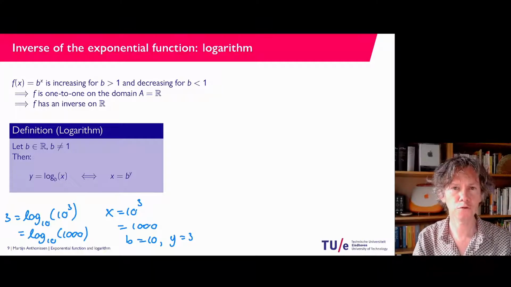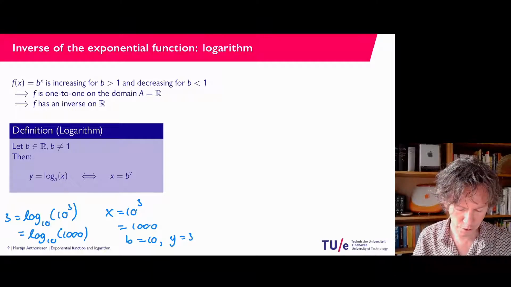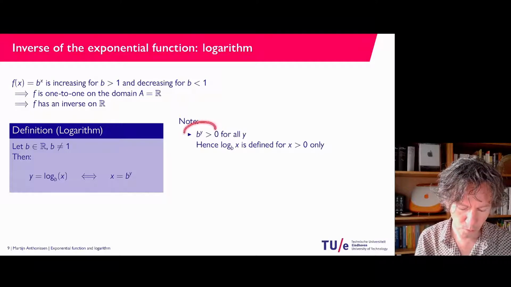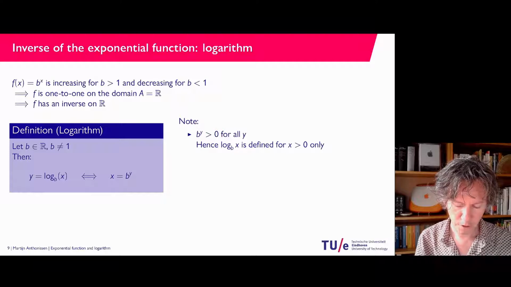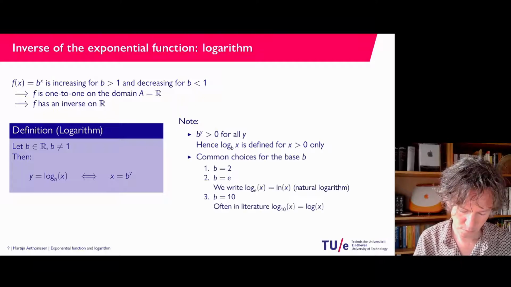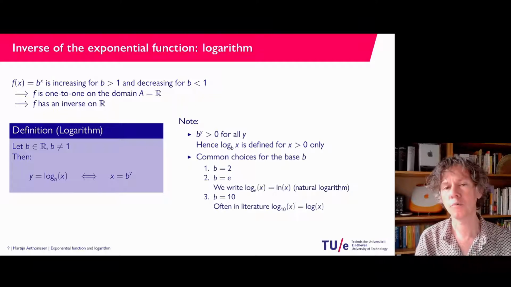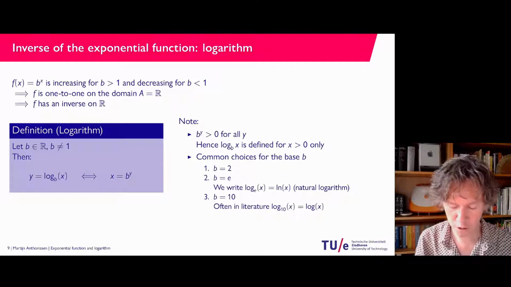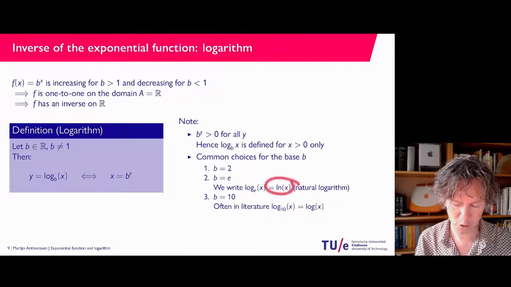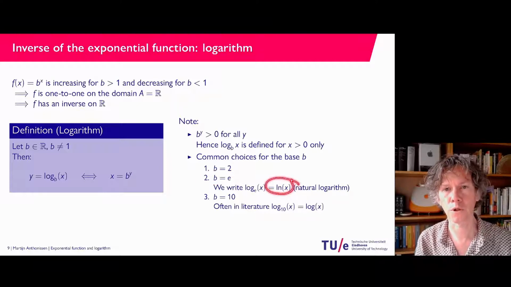They're each other's inverses, and here you see the definition. Now, we know that b to the power y is always positive, so that means that you can only define the logarithm for positive x values. Some common choices, so logarithms that you often see, are b equals 2, b equals e, the Euler number, and then we write ln x, the natural logarithm, and that's the one we will work with most.